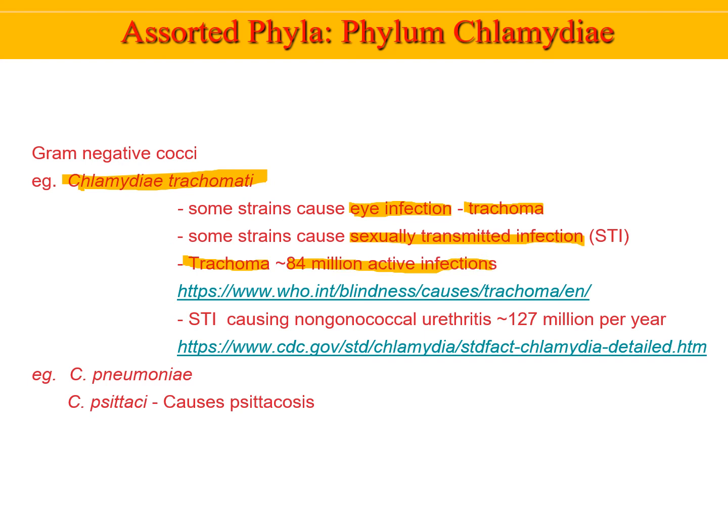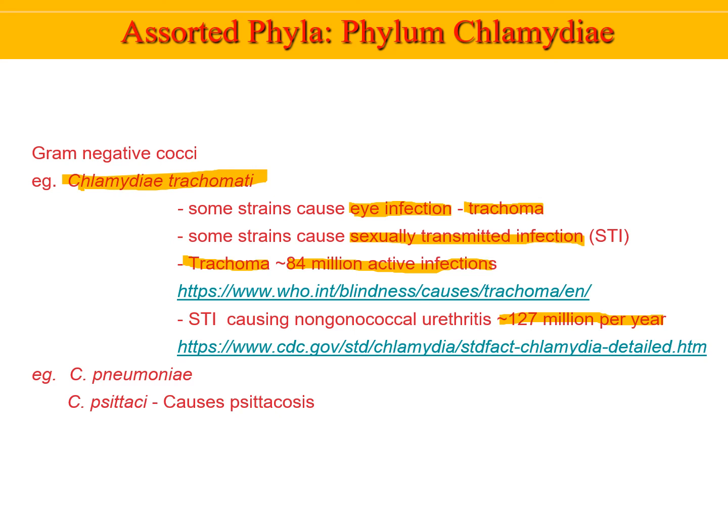It can be treated as a sexually transmitted disease. There are approximately 127 million per year. These are statistics, I believe, the most recent available ones from 2016. So, we're talking in terms of disease process in the eye leading to blindness.